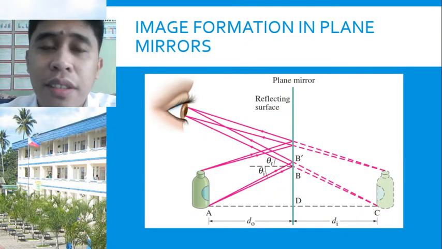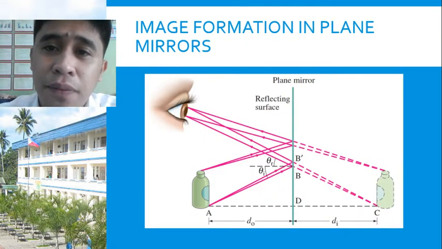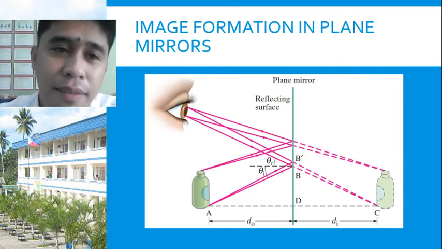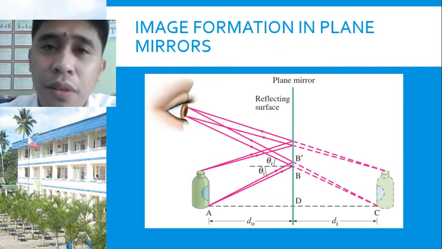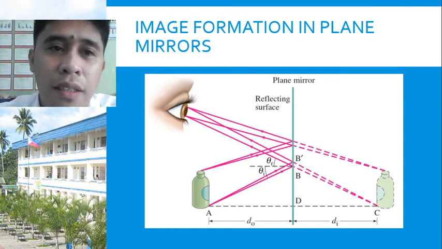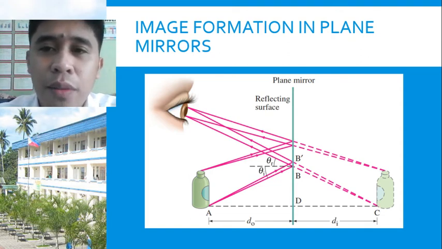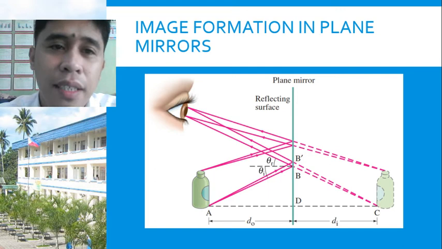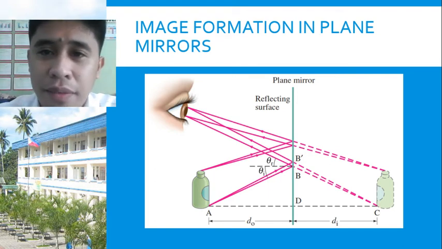This illustration shows how an image is formed by a plane mirror according to the ray model. The rays are shown reflecting from the front surface. Rays from two different points on an object, which is the bottle on the left in the picture, are shown.